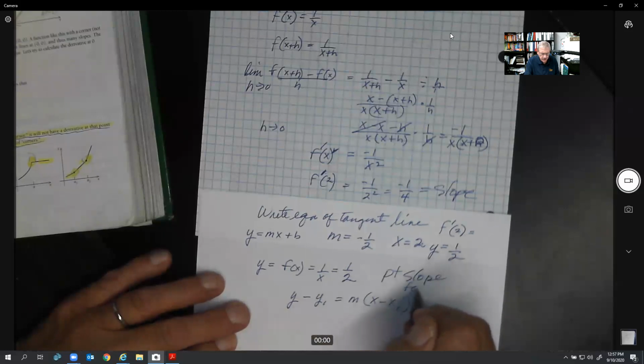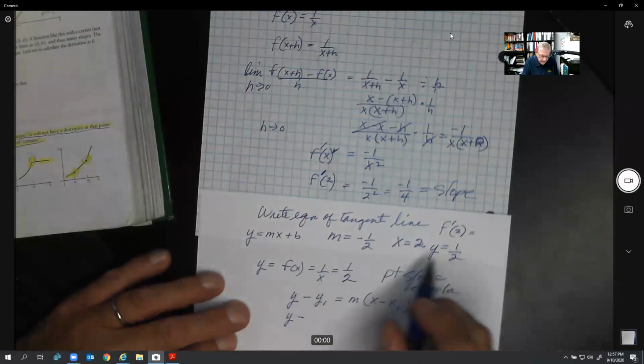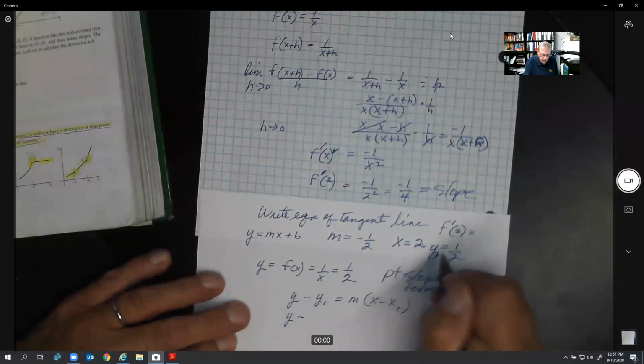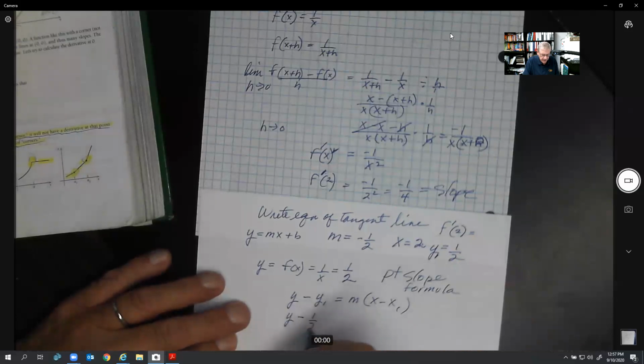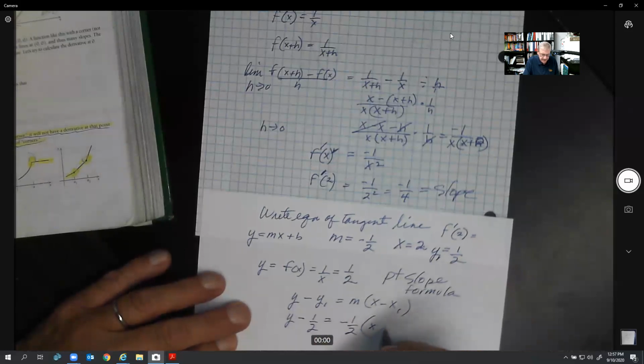It's a little bit faster. So y minus y sub 1, this is going to be our y sub 1, 1/2, equals m, negative 1/2, because we're going to write this in general terms, x minus our x sub 1.